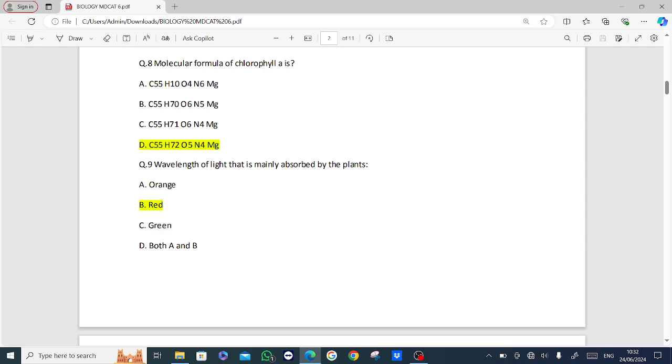Answer is option D, carbon 55, hydrogen 72, oxygen 5, nitrogen 4 and magnesium.